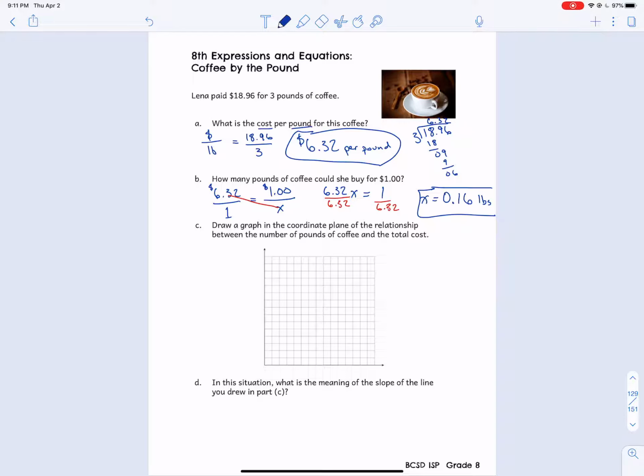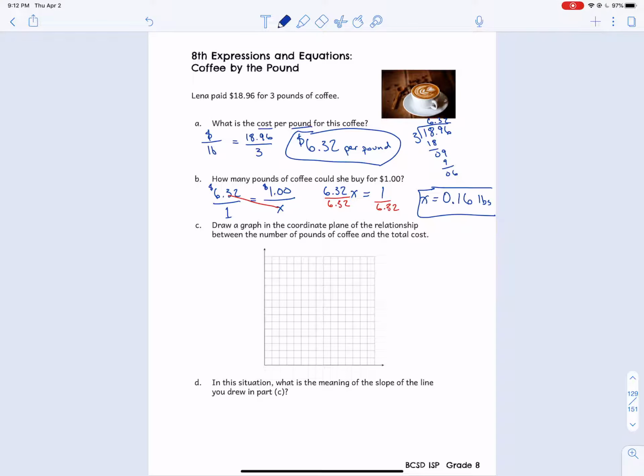So she couldn't buy a whole pound. So she could buy, maybe 1/4 of a pound if she didn't have enough money, but 1/4 of a pound would still cost more than $1. But I highly doubt anybody's going to actually measure out 0.16 pounds, but it's possible.